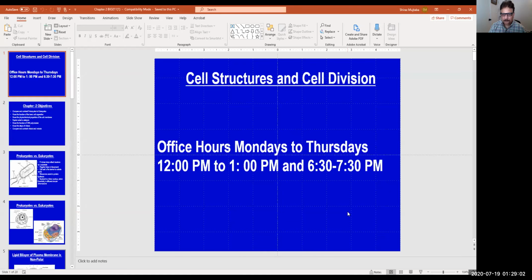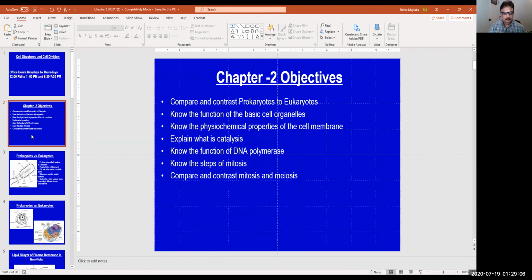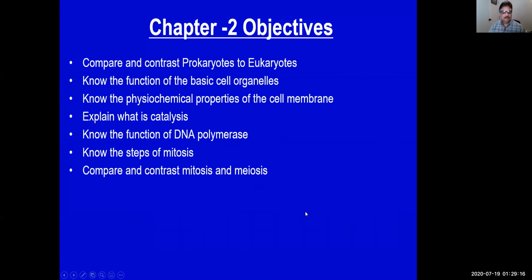The learning objective is to compare and contrast prokaryotes and eukaryotes, and know the function of basic organelles. So what are organelles?